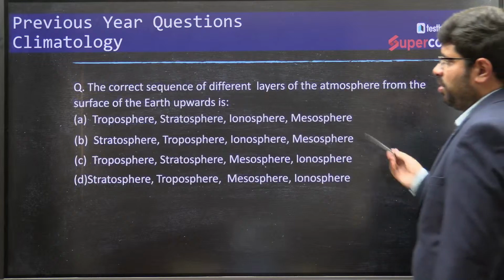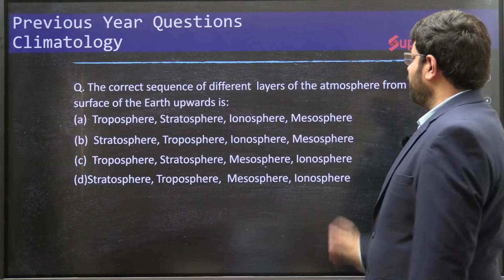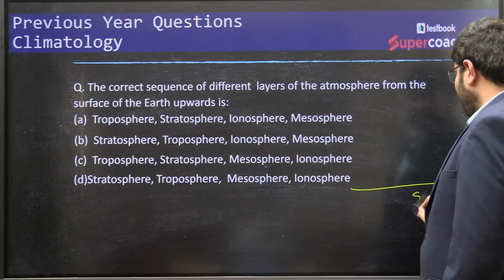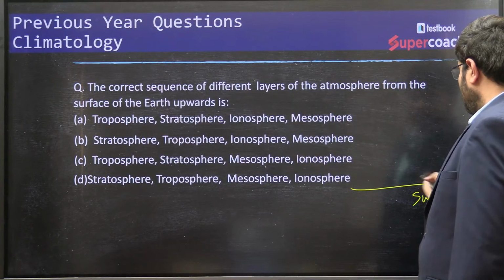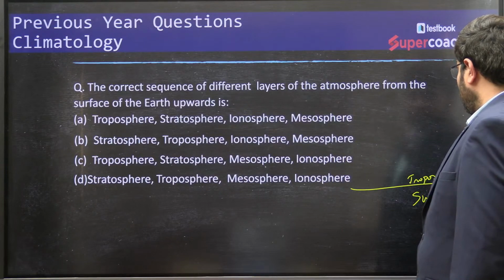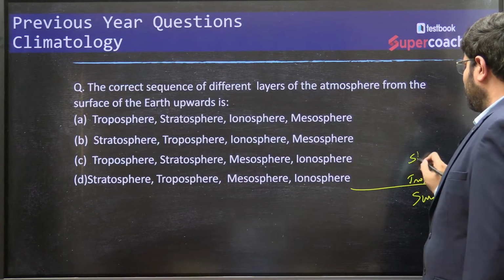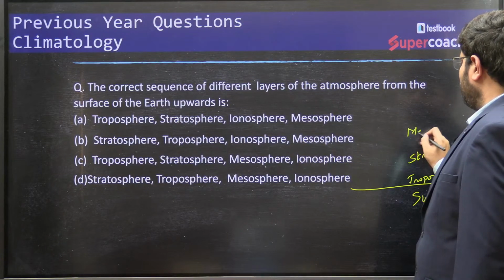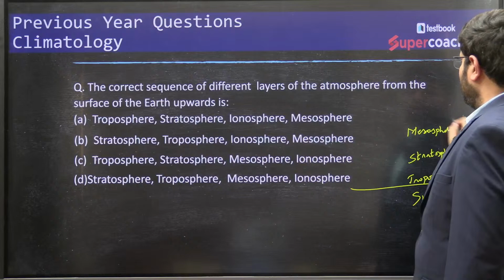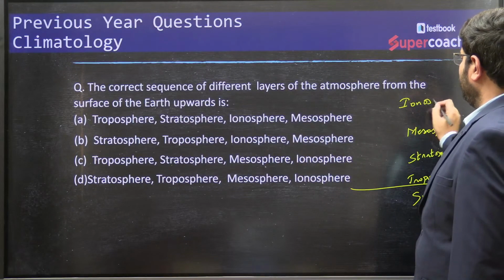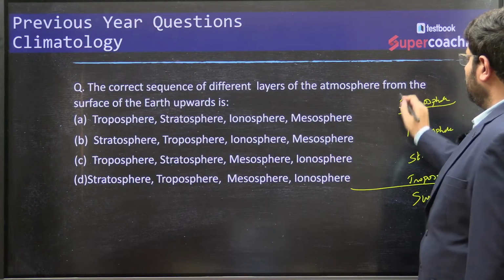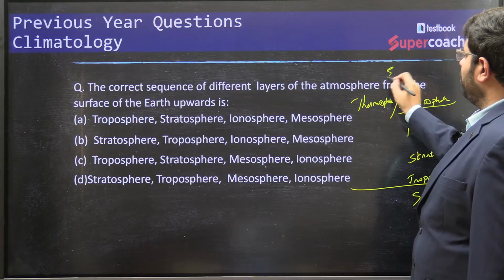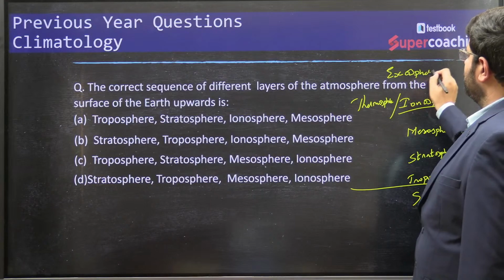Very easy question. The correct sequence of different layers of the atmosphere from the surface of the earth. We all know this. If this is the surface, this is the troposphere, then we have the stratosphere, then the mesosphere, then the ionosphere or the thermosphere, then the exosphere.